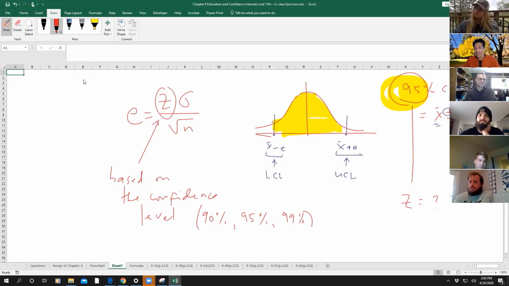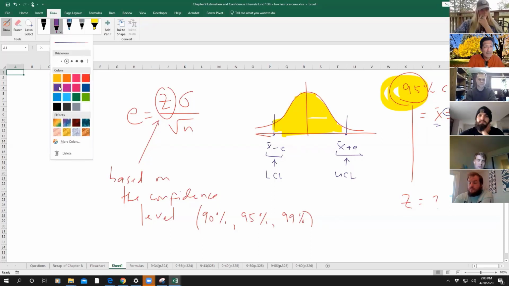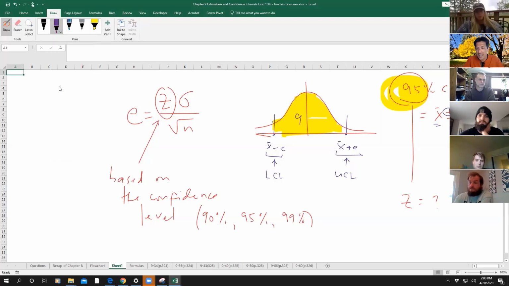confidence limit? This is something that we covered previously in the last two chapters. So if the area between LCL and UCL is 95%, we want to find the z-score associated with this point here and that point.